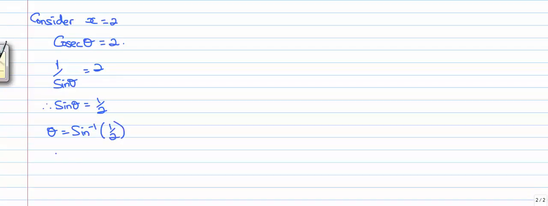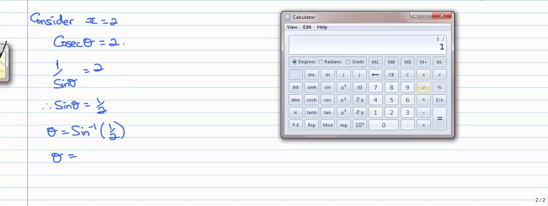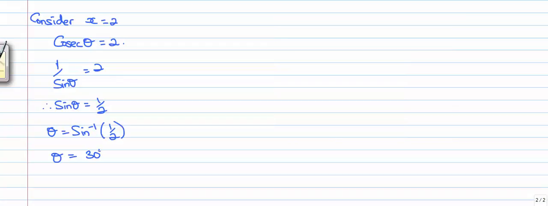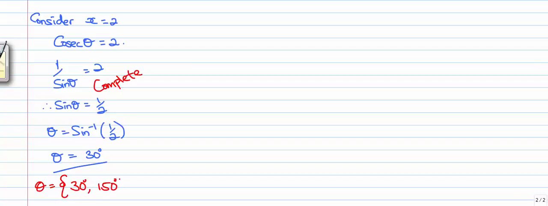Once you get the arcsine of a half, it will give us our principal value of theta, which is 30 degrees. I'll also ask that you complete that one either using the diagram or the general formula, and you are supposed to obtain the answers written in red below.